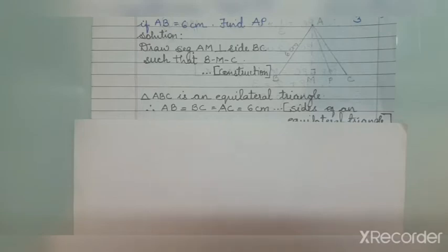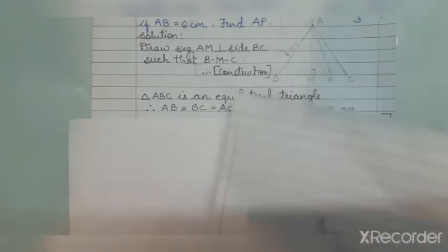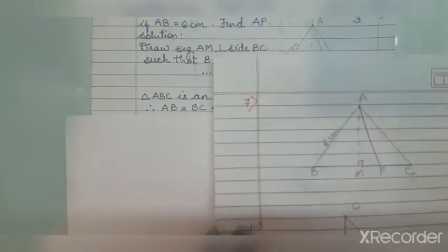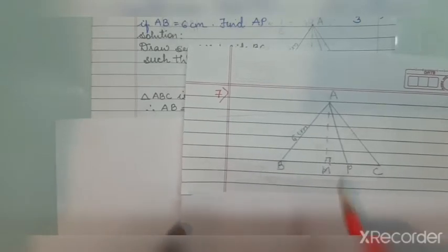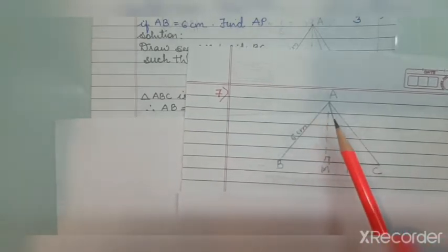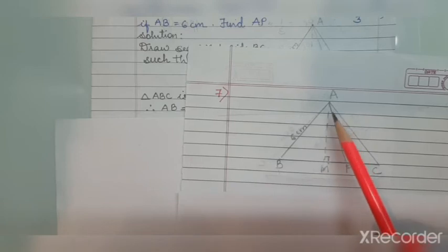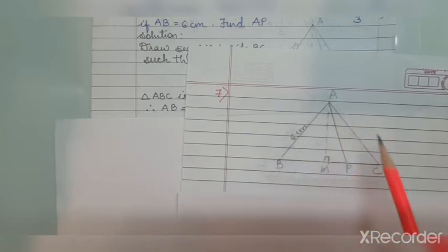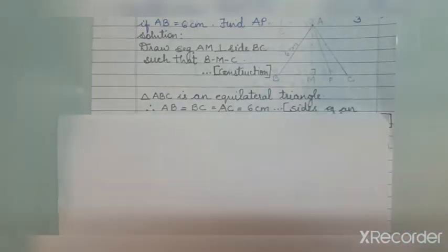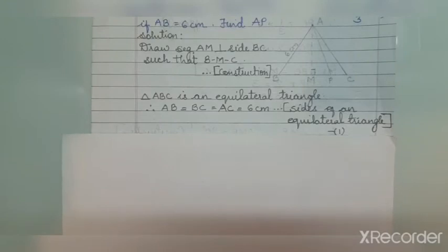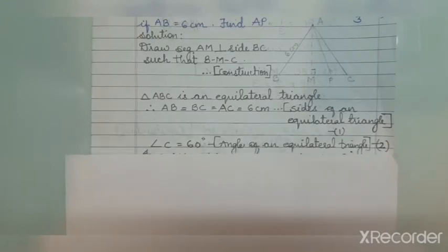I'll show you the figure on some other paper. The reason you will write is: sides of an equilateral triangle are equal.